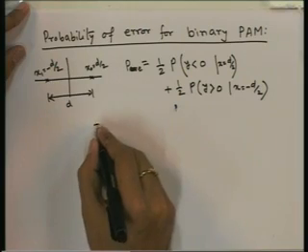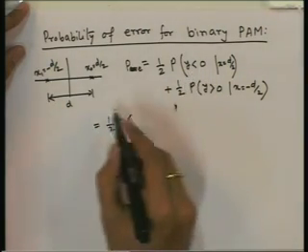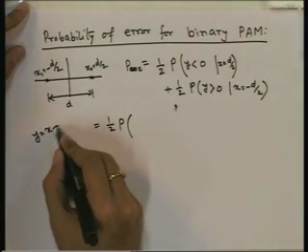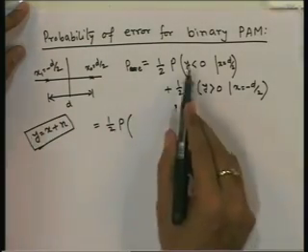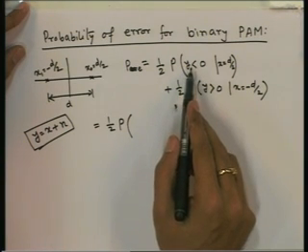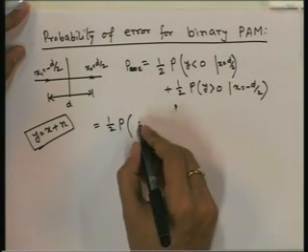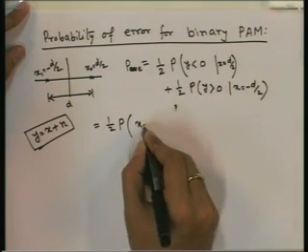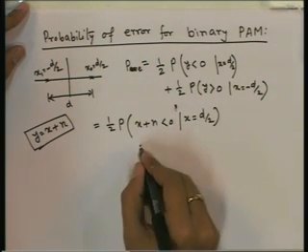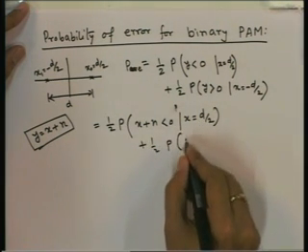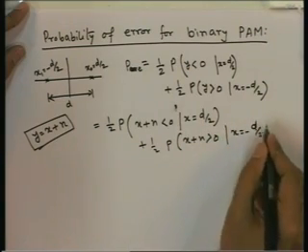Now, as y is x plus n, y less than 0 means x plus n is less than 0, but x is equal to d by 2 for this case. So, half probability of x plus n less than 0 given x equal to d by 2, plus half probability of x plus n greater than 0 when x is minus d by 2.